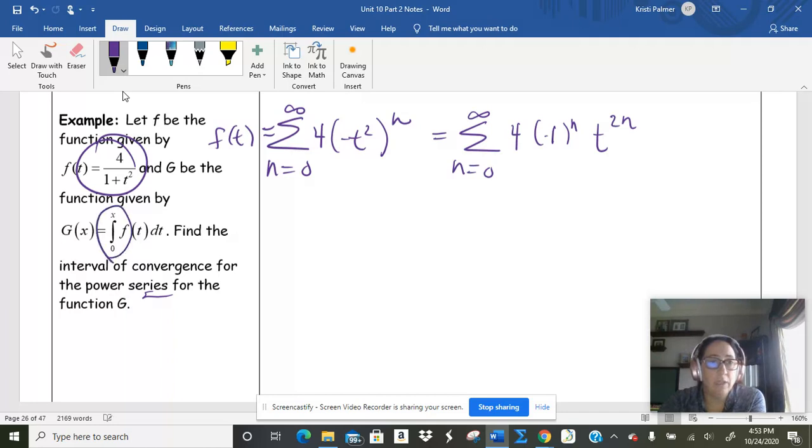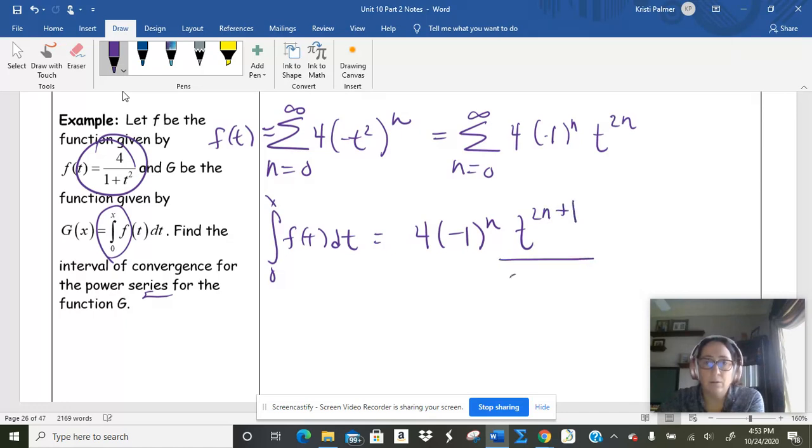So now I'm going to do the integral of this. So this part's going to go along for the ride. And now I'm going to take the antiderivative to get to here. So it wants me to find the interval of convergence for this guy.